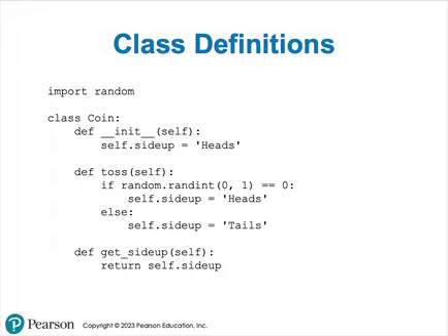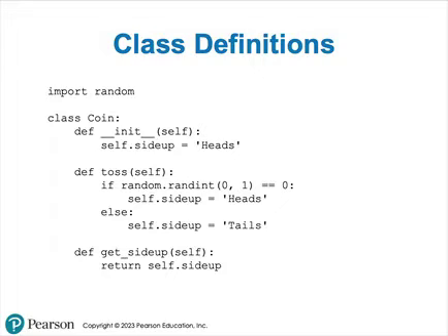So here's an example. We're importing the random library. We're defining an init method, and what it's doing is basically, within self, there is a variable called side up, and we're going to start it out as being set to heads.